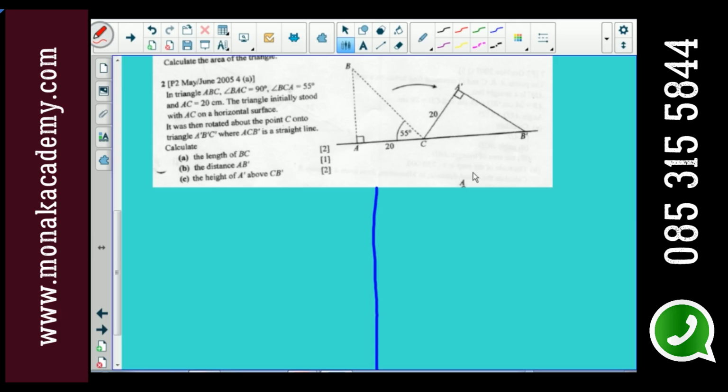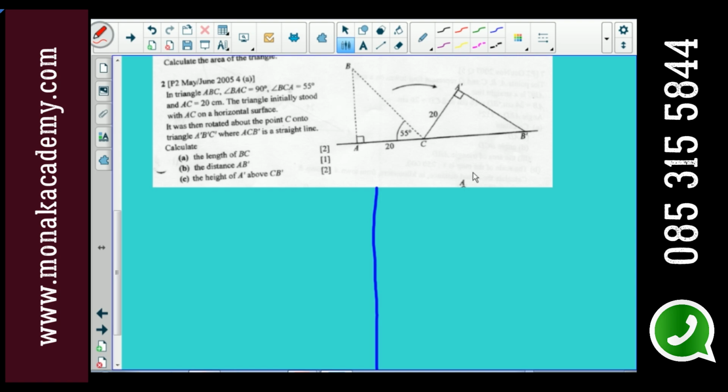So remember our choice, we said once it's a right angle triangle, there are only going to be two things, either Pythagoras theorem or SOH-CAH-TOA. Can we use Pythagoras theorem? No, because we only have one side, which is the 20. But can we use SOH-CAH-TOA? Yes, because we have a side and an angle.